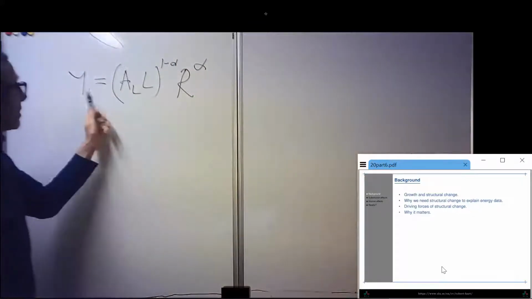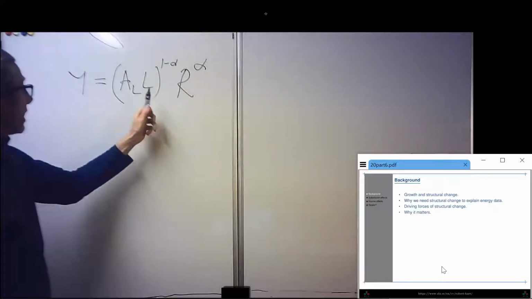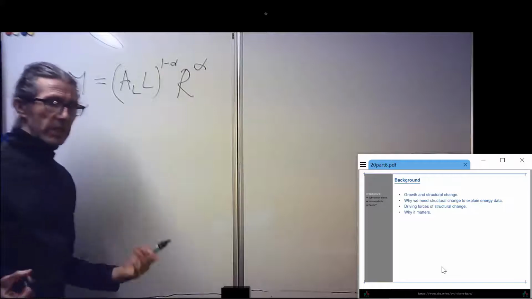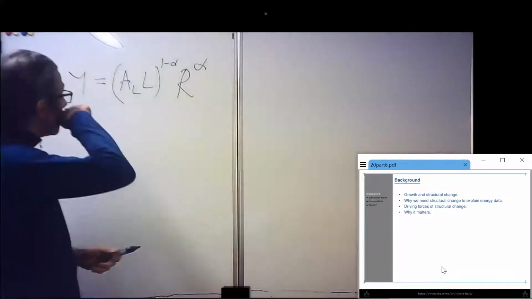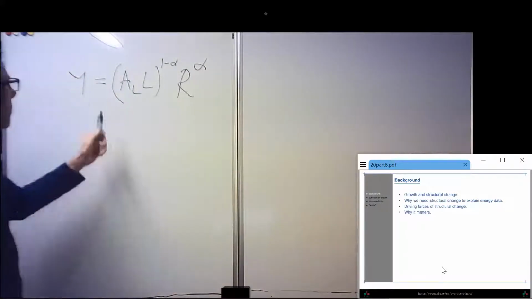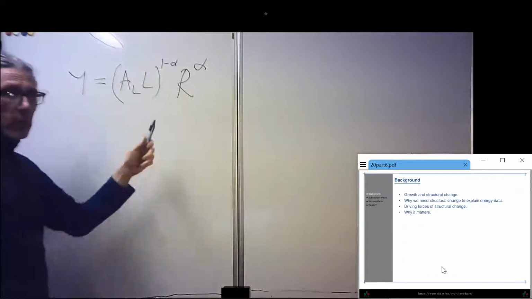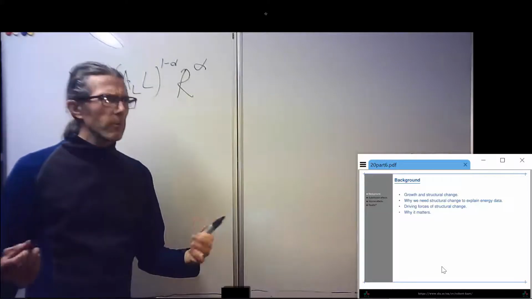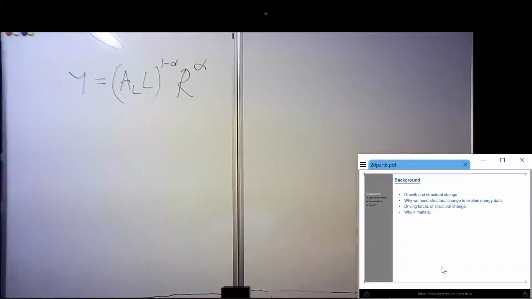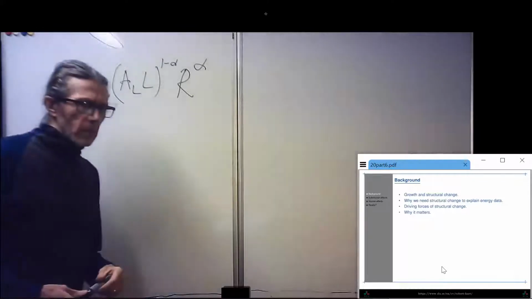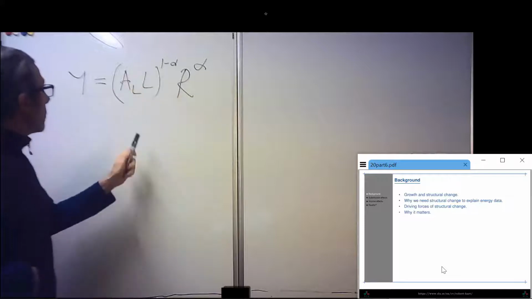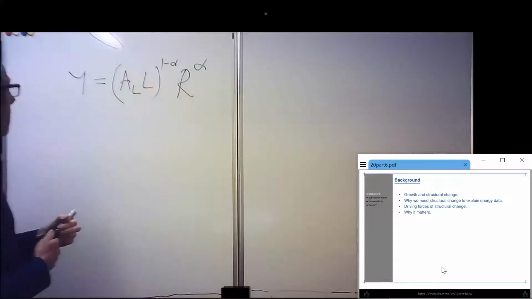And this has constant factor shares of labor, capital and resources, energy, metals, whatever, and that's what we see in the data. But this is telling us way too little about what's really going on to really know what to do policy-wise. So we want to know more about what's behind this.